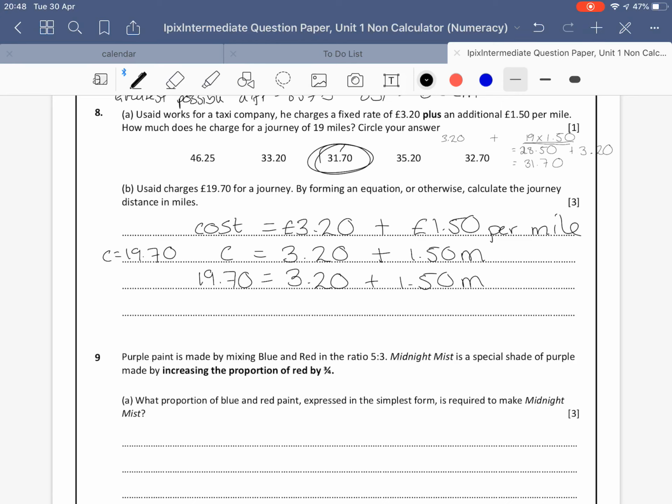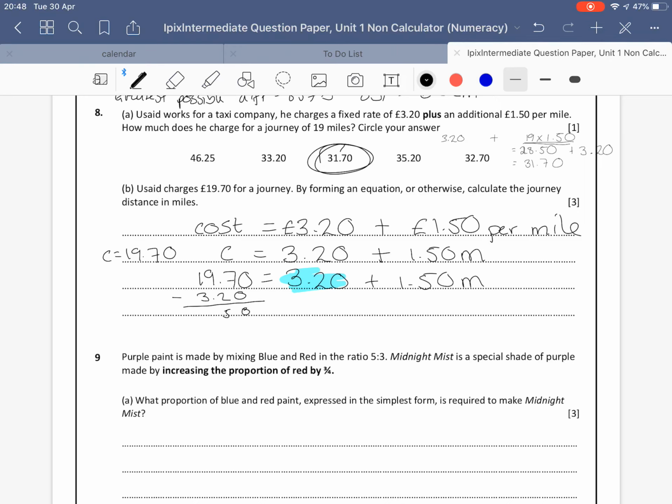Have we got to calculate M? Yes, we do. So this is solving an equation. My first step is to get rid of my £3.20. Because it's positive, I'm going to subtract it, take £3.20 away from £19.70.